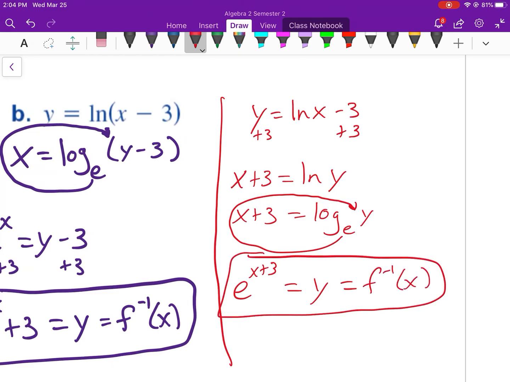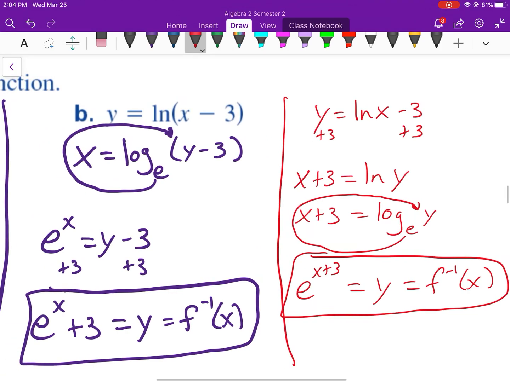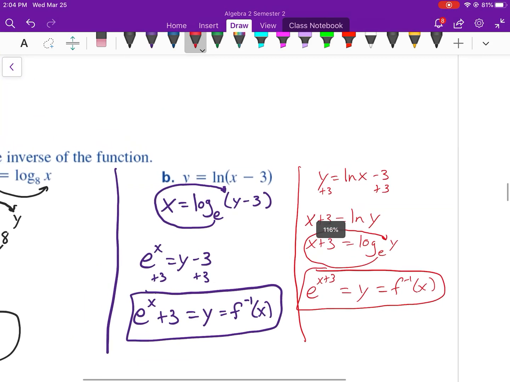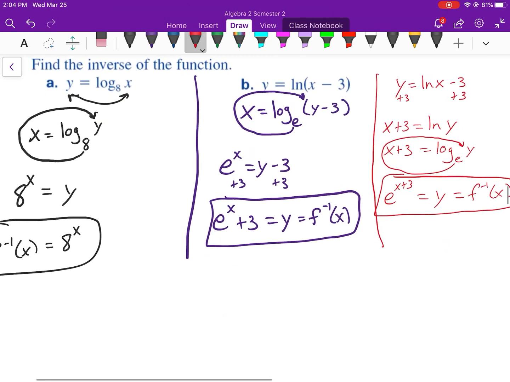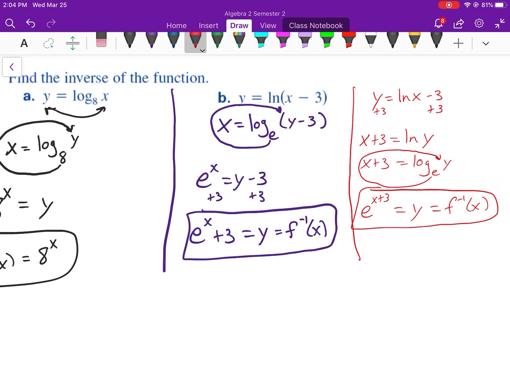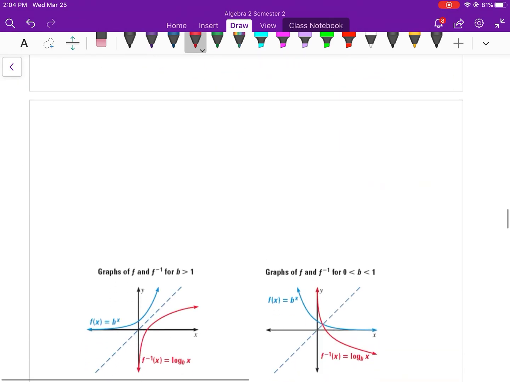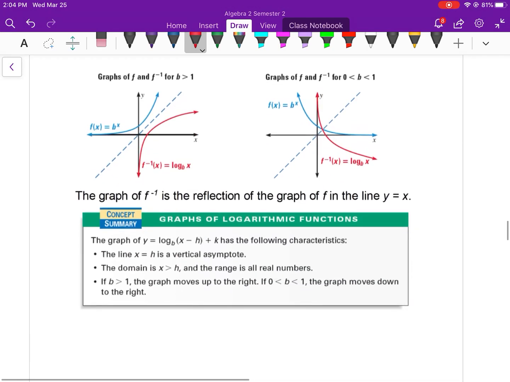Okay, y is by itself. So a big thing I wanted to get across with this: make sure you're looking for the parentheses. If it's in parentheses, it's part of the argument. If it's not, it is just a value you're adding or subtracting at the end. So be careful with those, because the plus 3 in the red is part of the exponent. In the purple, it's adding the value of 3.